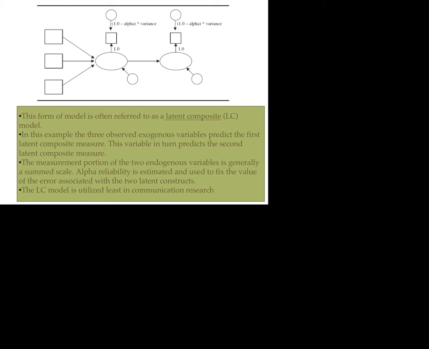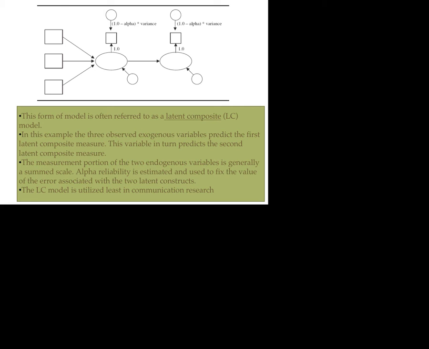It's not a trick, but it uses an idea that we talked about just a minute ago, and we call this a latent composite model. So we have these three exogenous variables, and we say that they predict this endogenous variable, and then that predicts or causes our second endogenous variable.